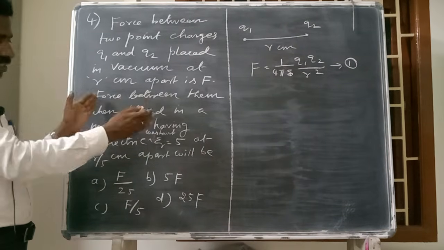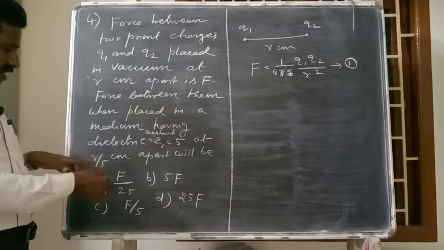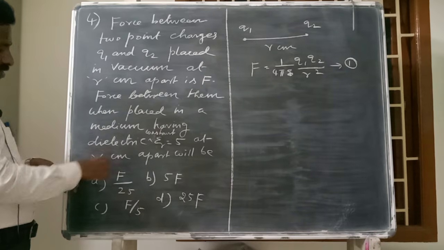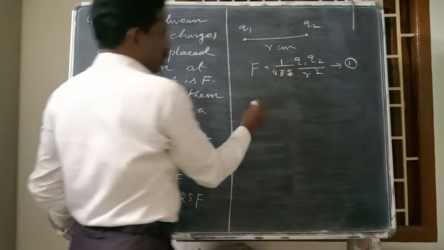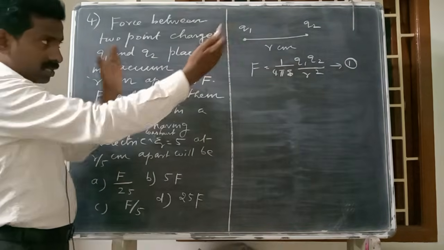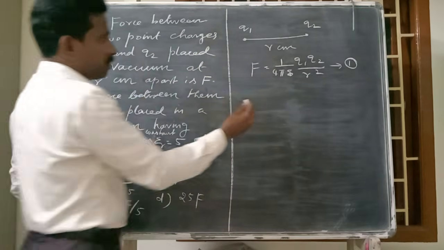Now the two charges are placed in a medium of epsilon r equal to 5, and the separation of charges is r by 5 centimeter. That is the distance between the charges now. So r by 5 centimeter means the charges are placed a little close to each other.